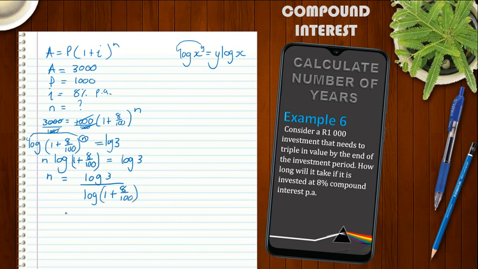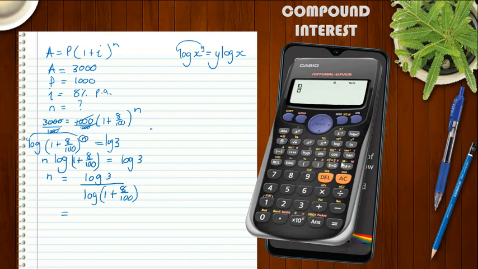And then we simply type it into the calculator. Okay, so I've typed in first the fraction, and then in the numerator I put log 3, and in the denominator I put log of (1 + 8/100). And that gives us 14,27.